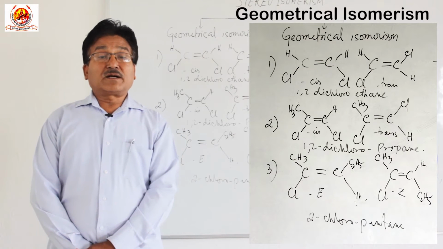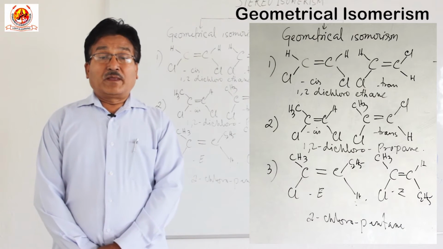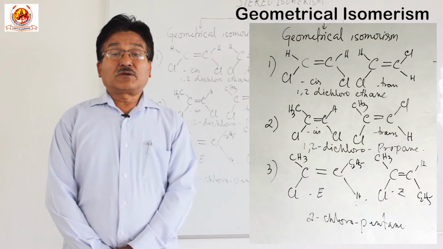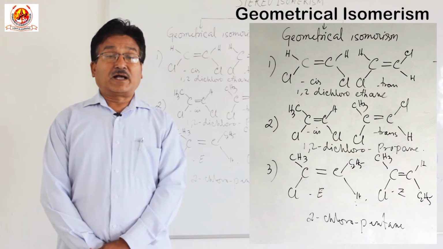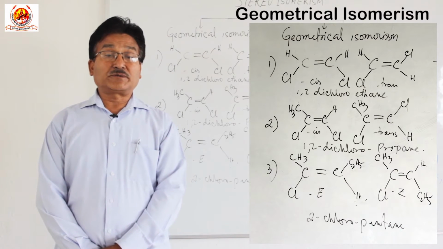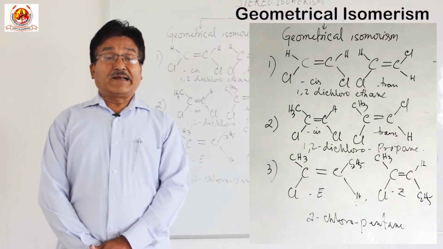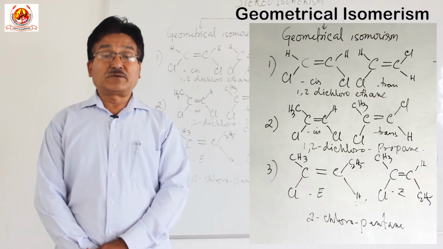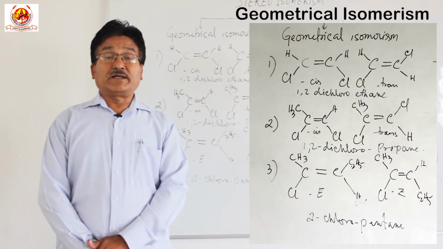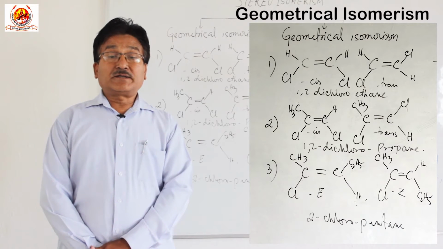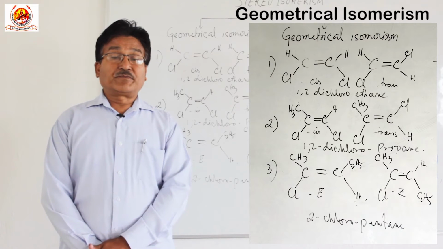Now let us consider another compound, 1,2-dichloropropene. Here another methyl group is introduced on the left side of the compound. That is, chlorine and methyl group are there on the left. On the right side of the double bond, one hydrogen and chlorine are there.